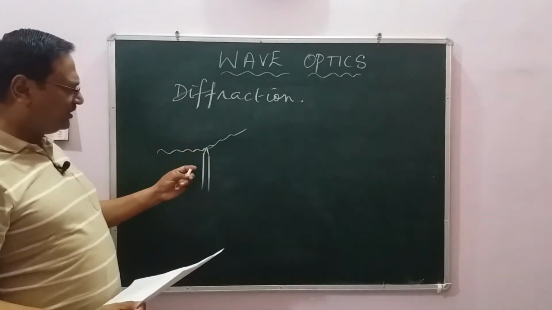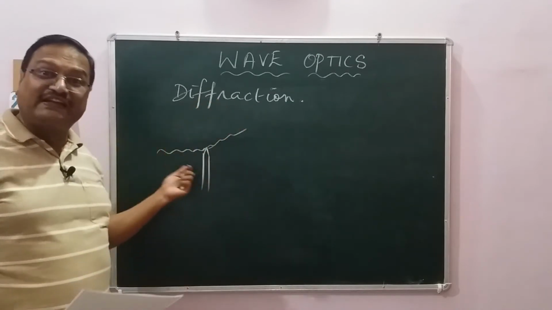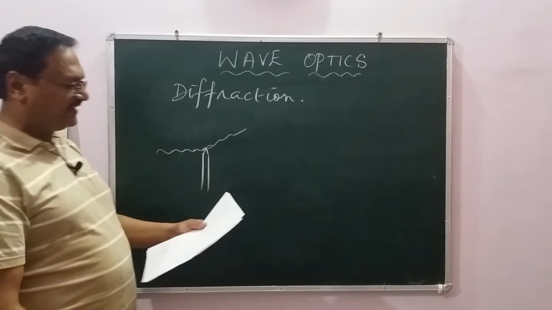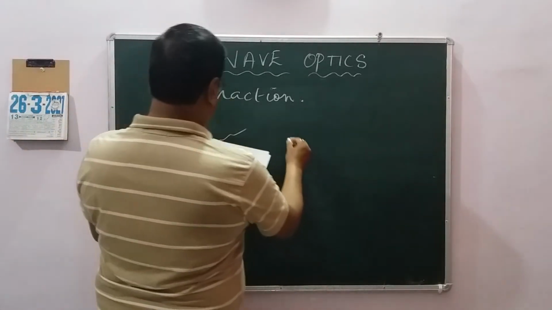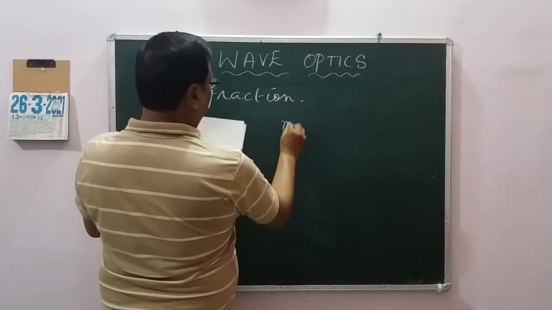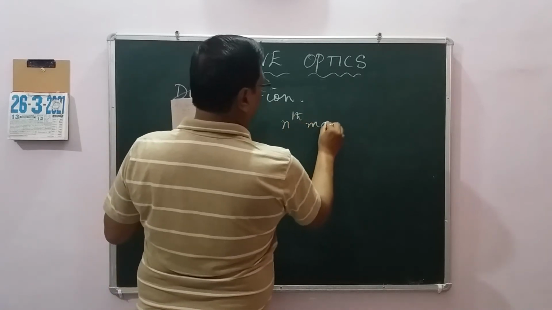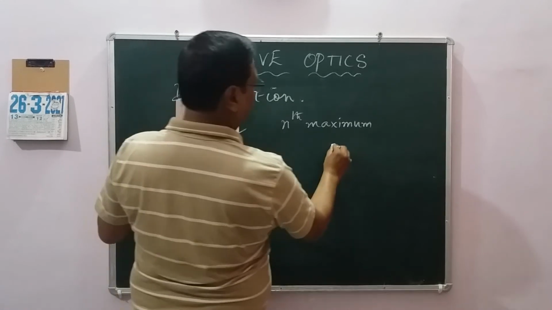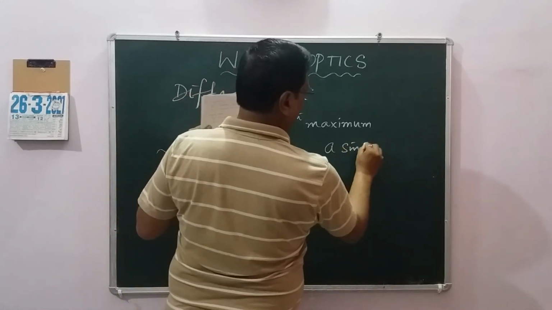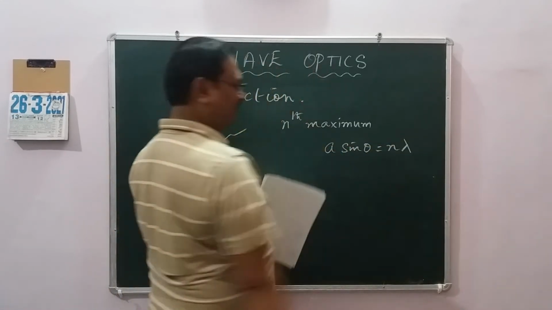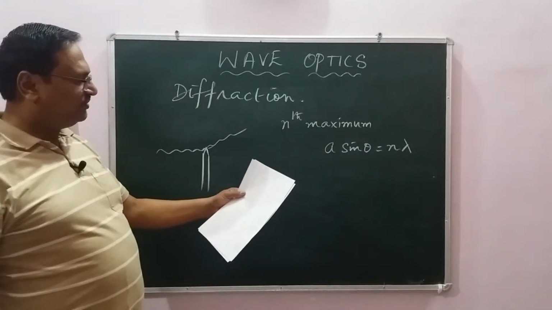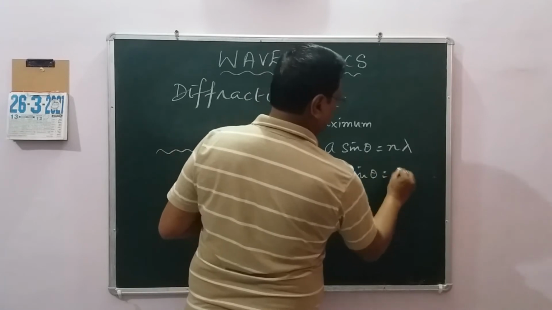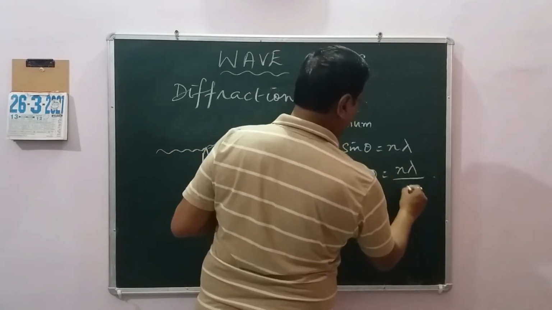Now in your syllabus, usually only the single slit is there, and the formula goes like this. For the nth maximum, the formula is a sin theta is equal to n lambda. This is the formula which you will be using, or you can simply say sin theta is equal to n lambda upon a.